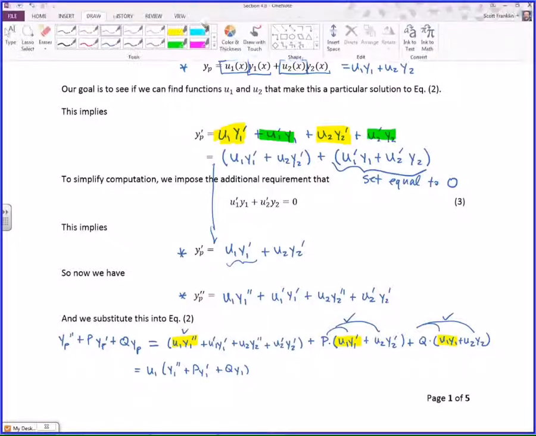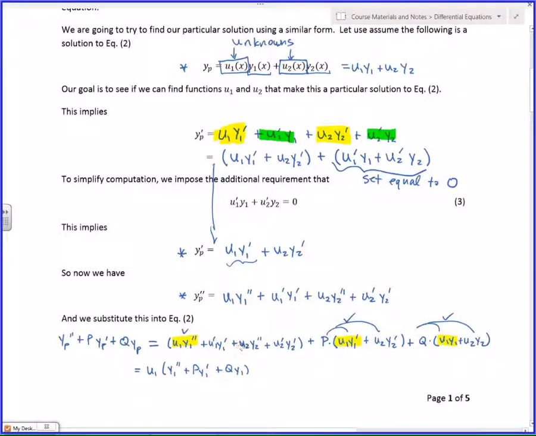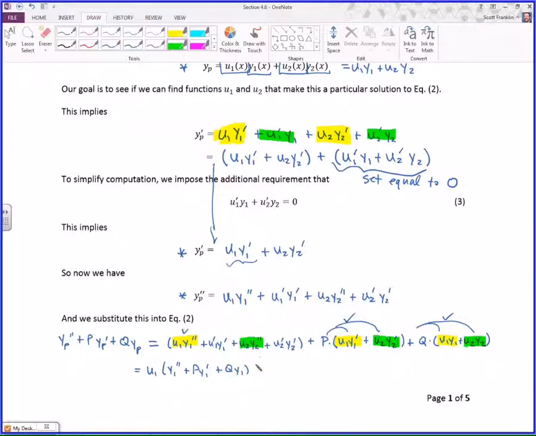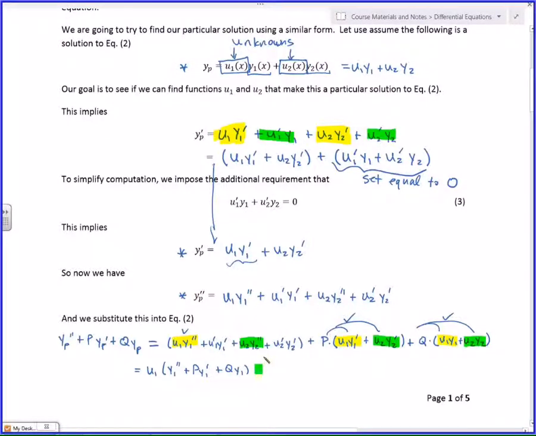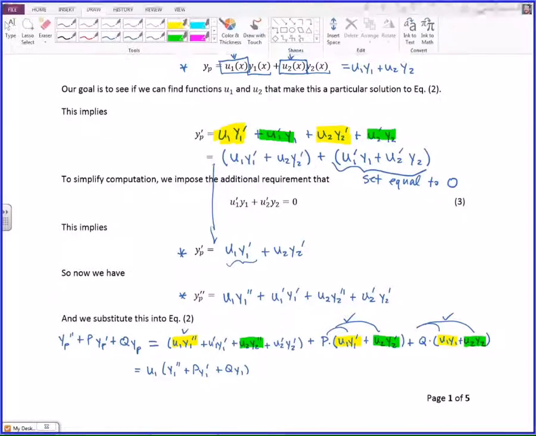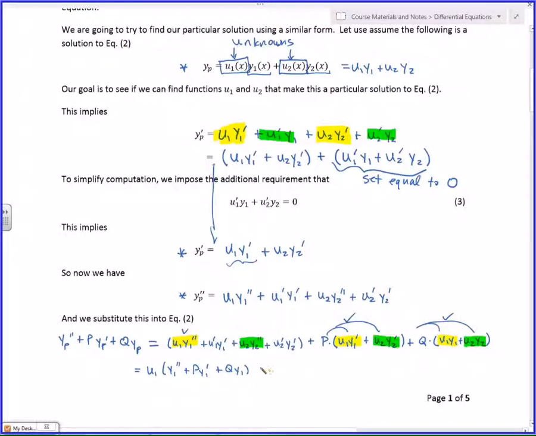I'm also going to group all the u2s together. And if I do that and factor out the u2, I get what? u2 times y2 double prime, and y2 prime.